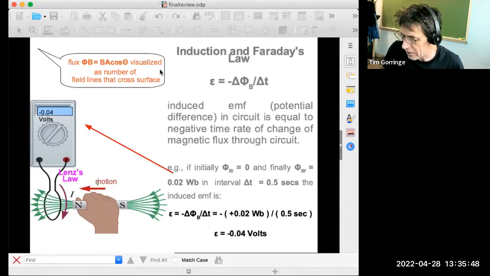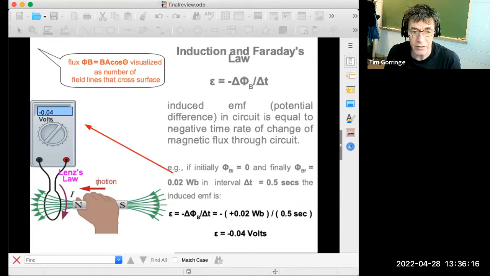And that was this demonstration. And transformer induction, this is the other type of induction, is when you change a magnetic field by, say, switching on a coil of wire or turning off a coil of wire, you induce an EMF and induced current in another circuit. And so I'm going to switch on and off the large coil that you see in this picture.